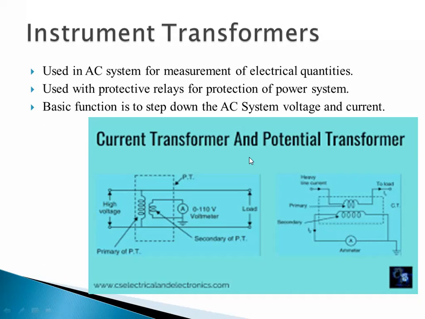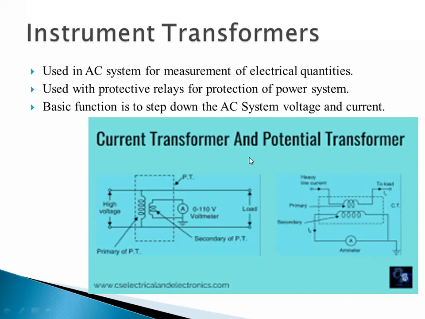So we have seen the main circuit diagram of the protective relays, in which first the current transformer is used, or we can also use the potential transformer as per the actuating quantity of the relay. Then the basic function is to step down the AC system voltage and current.